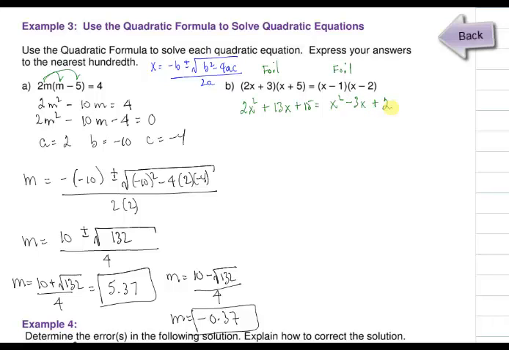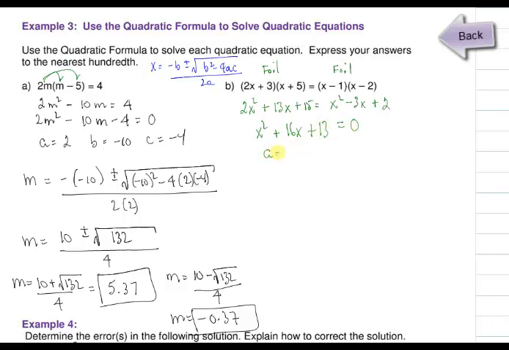So now I want to make everything equal to 0 because I want to put it in standard form. So I'm going to move everything over to the right, and so I'm going to get 2x squared minus x squared, which is x squared, 13x plus 3x, which is 16x, and 15 minus 2, which is 13.